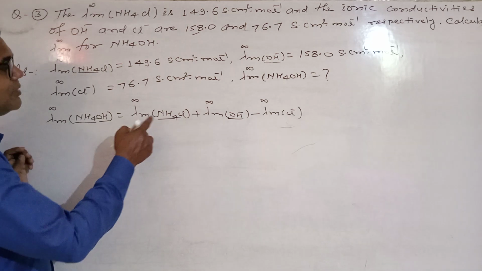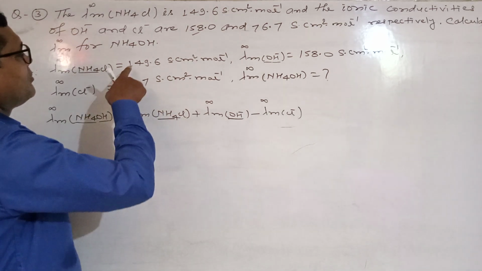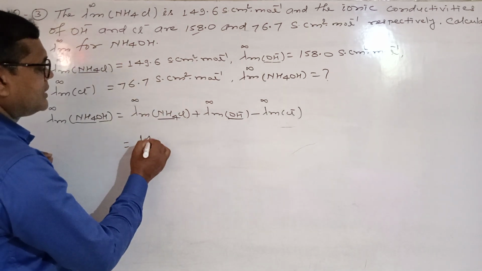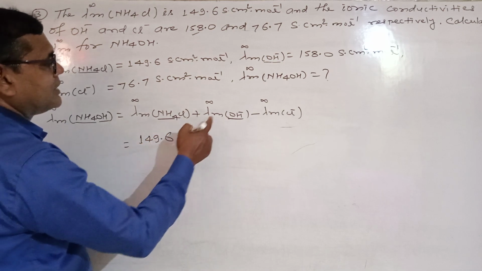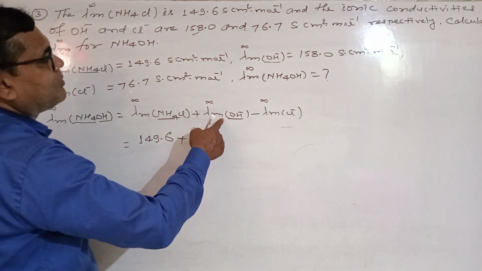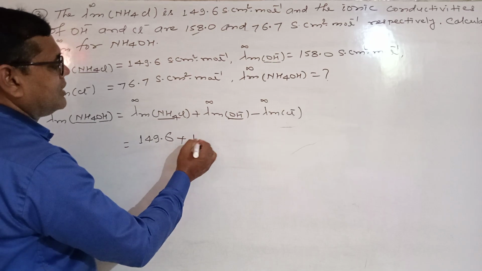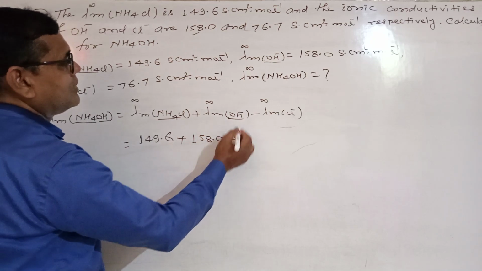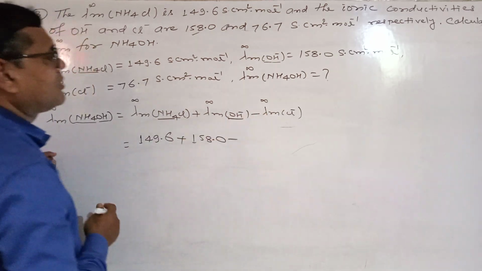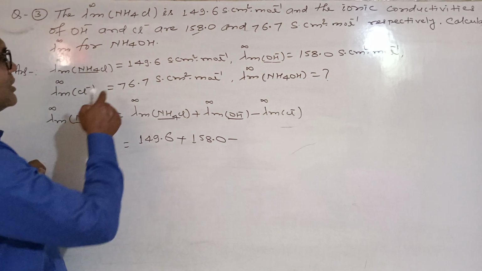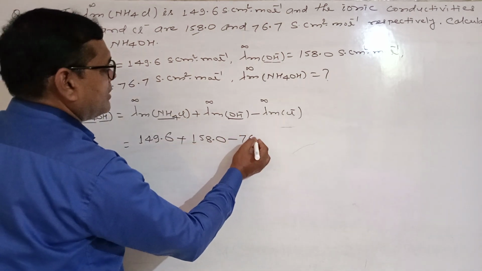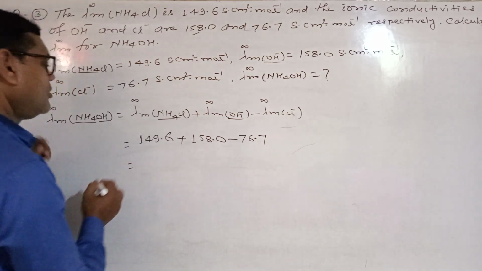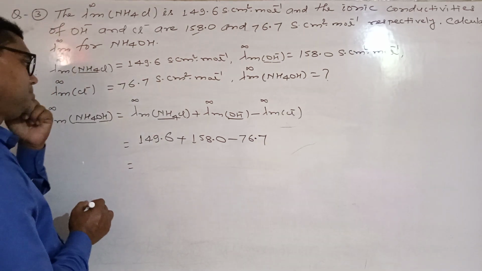Here we write the value of ammonium chloride, which is 149.6. Here we write the value of hydroxyl ion, which is 158.0, and here we write the value of chloride ion, which is 76.7. Now we add.